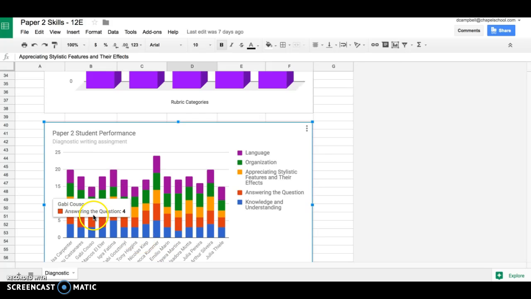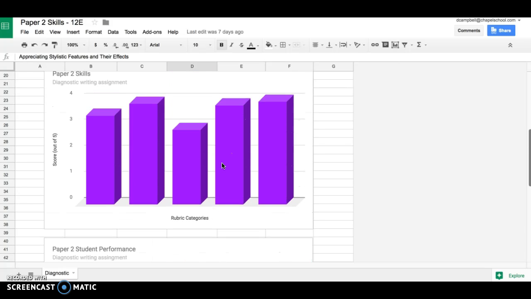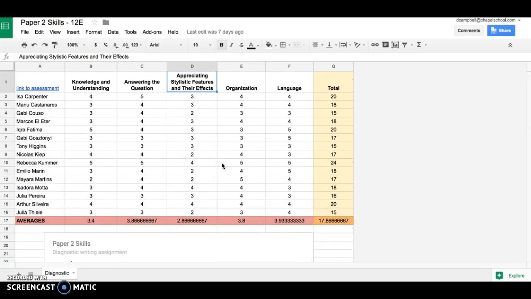And I can also identify some students that are scoring fairly low across the board that might be in need of some remediation. So by looking at this data, even from one diagnostic assessment, I can already target a few specific students that I want to keep my eye on, and I can already set a goal for my entire class.